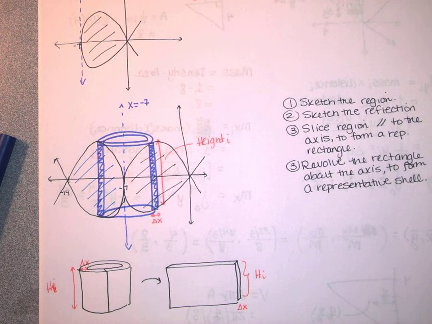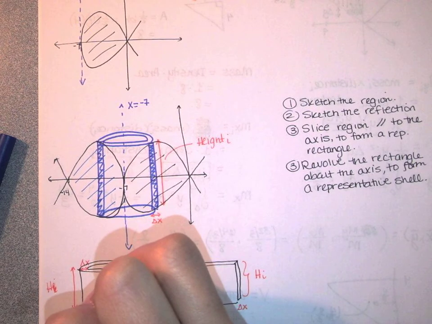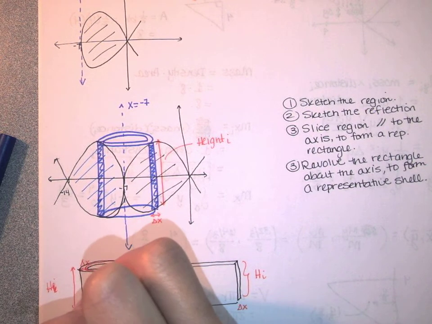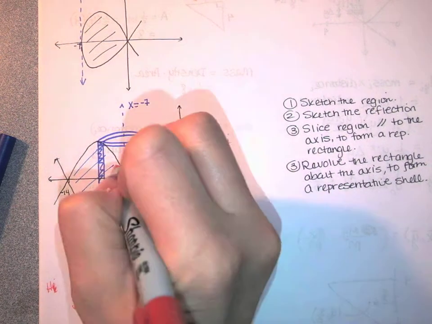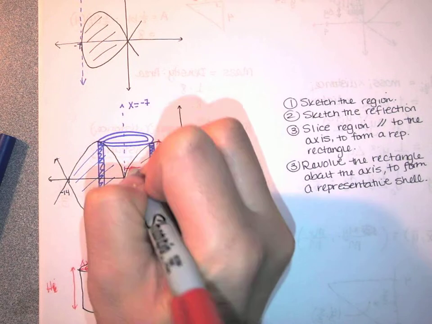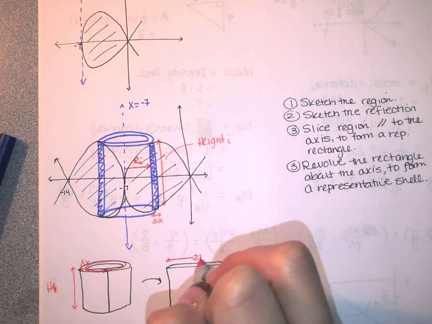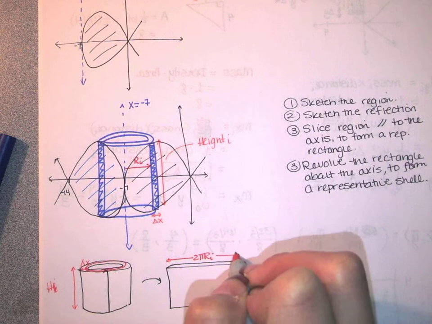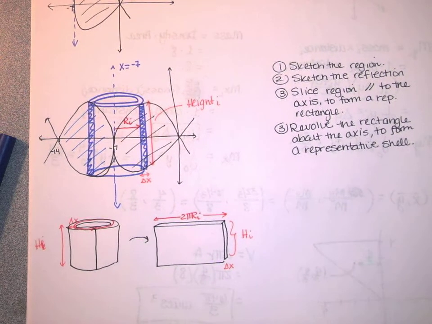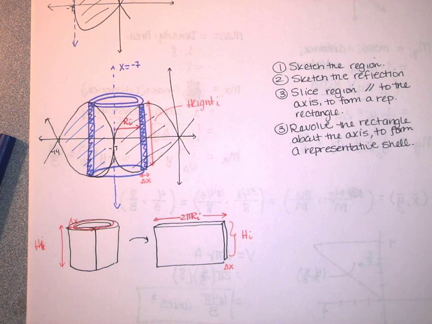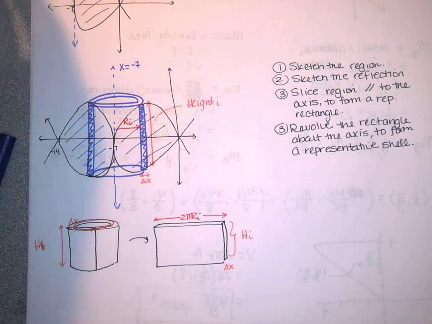And then this dimension here, that distance all the way around, that's just the circumference of that circle where the radius is there. So we're going to have 2 pi r over here. Okay, so that should be enough to get us our volume.